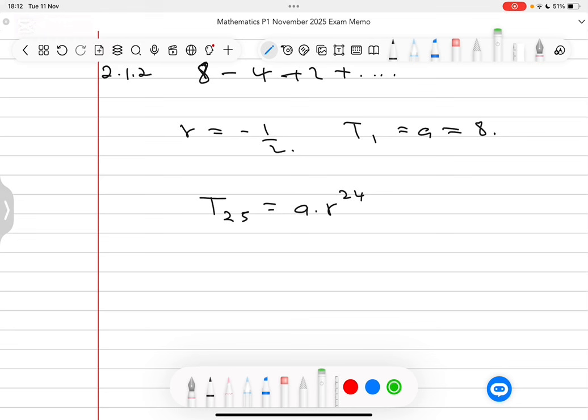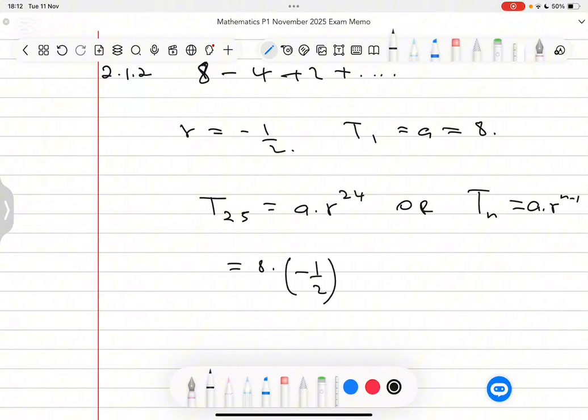It's a shortcut equation that you can use. Or if you like, you can use the original equation, a r to the power n minus 1, and substitute and build on that. Try that and let me know how it works out for you. But I'm going to stick with this one, where our first term is 8, r is negative 1 over 2, and here we're having 24.